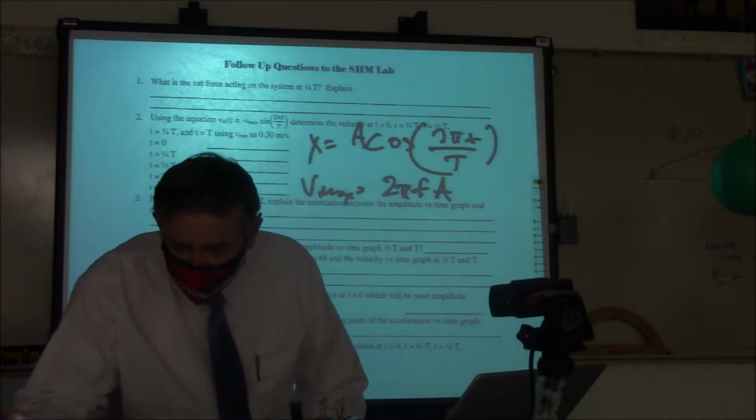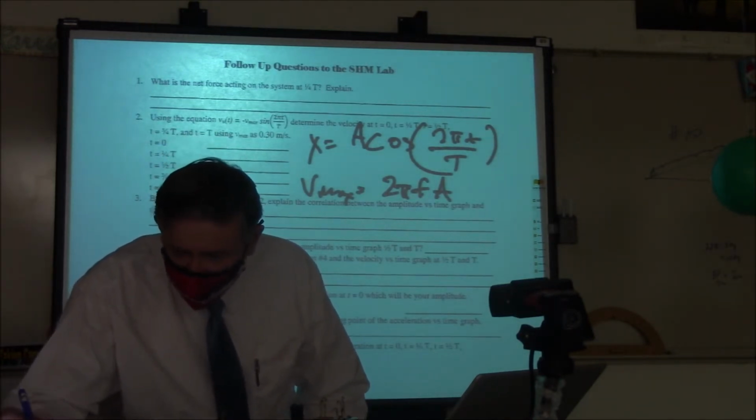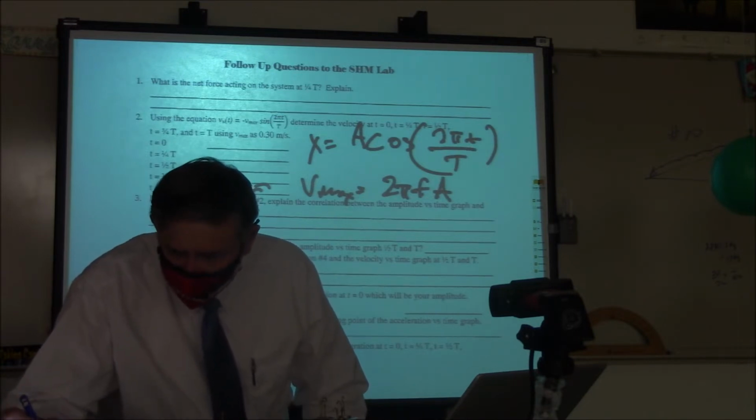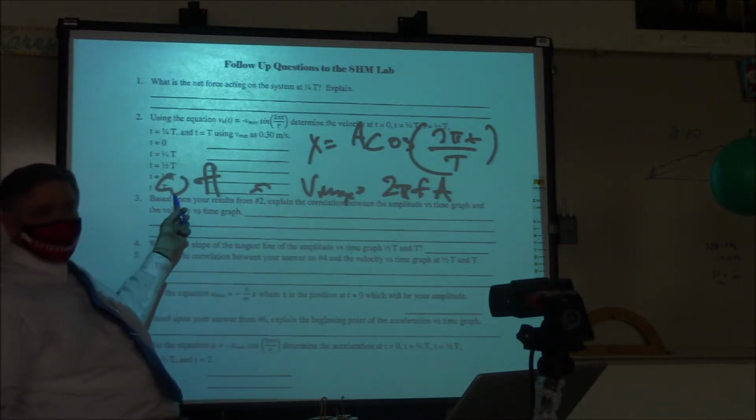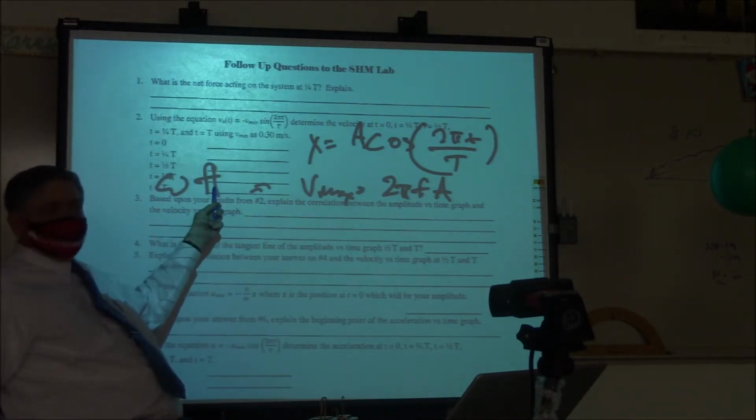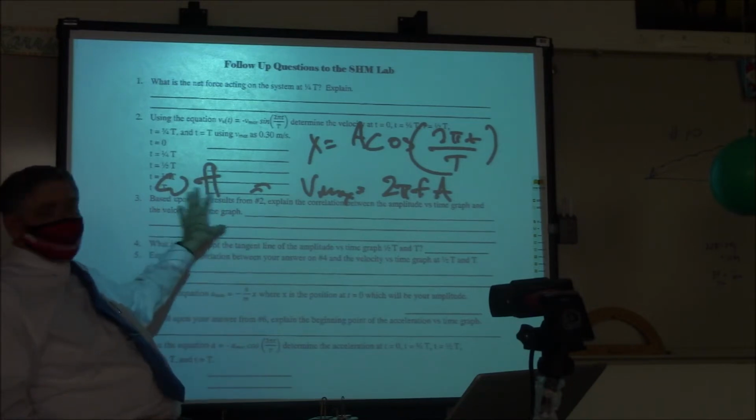So sometimes you're going to see V max equaling omega times your amplitude. If you look at the units, omega is radians per second and the amplitude is in meters, so you get meters per second, which is V max.